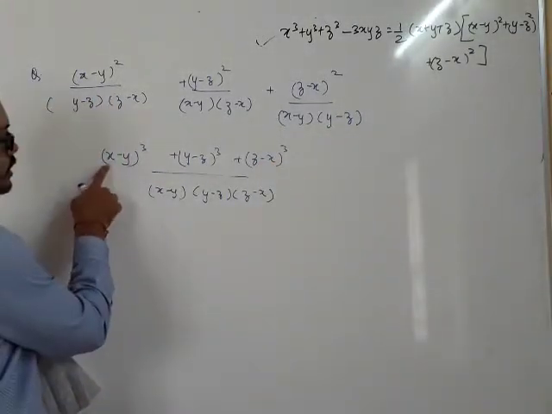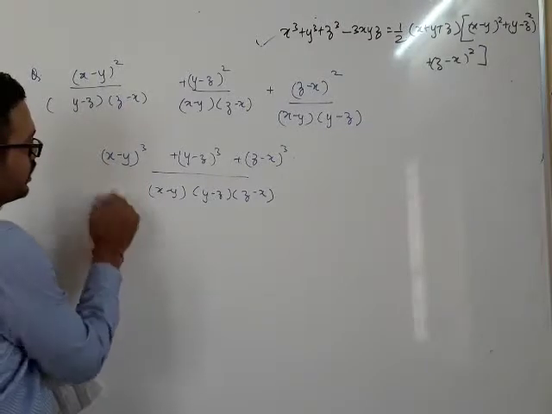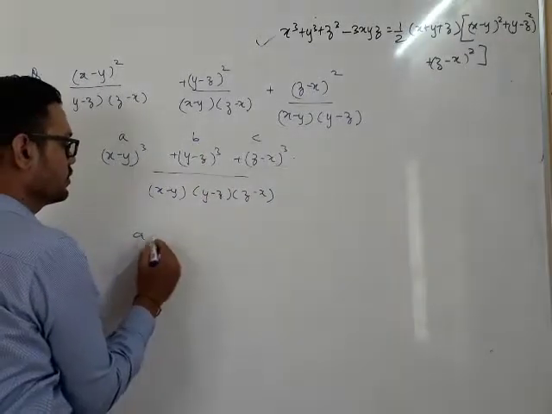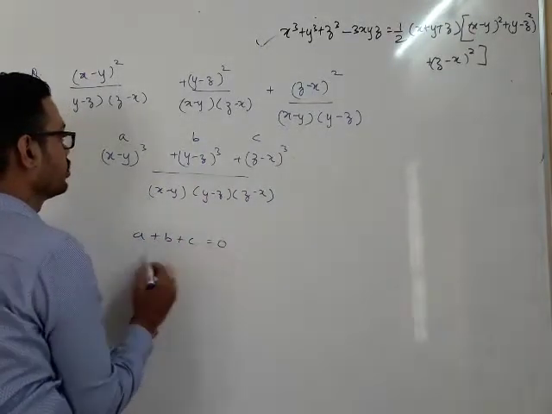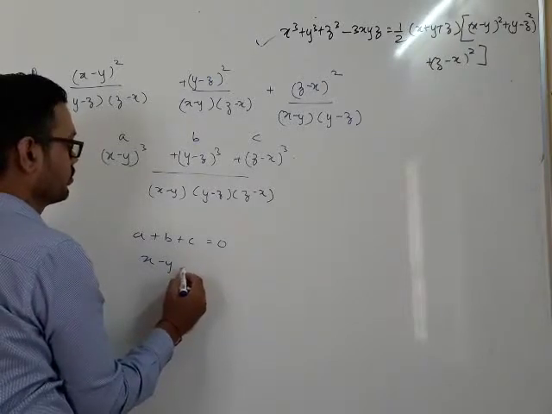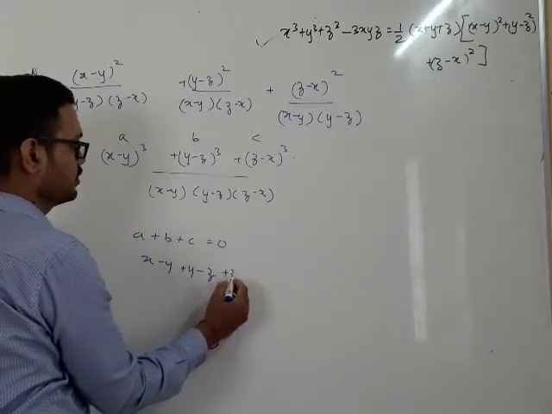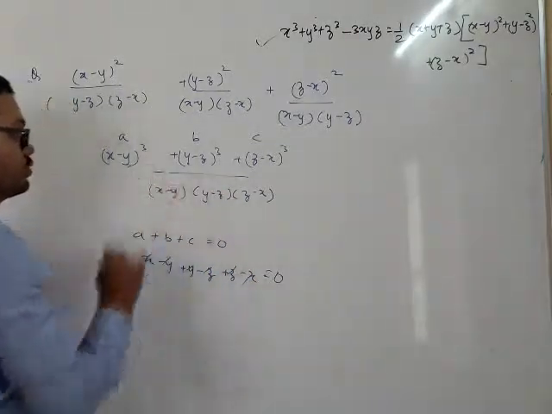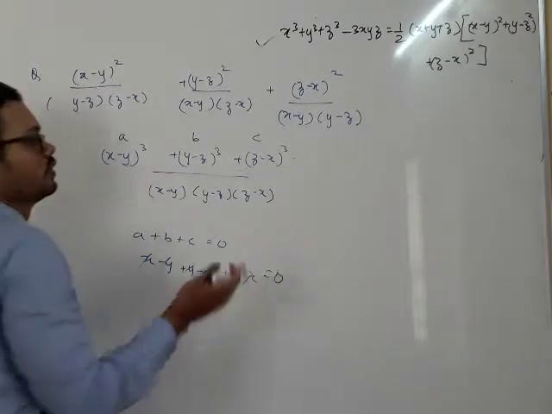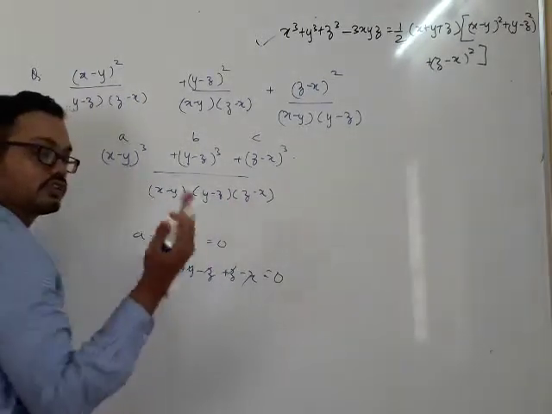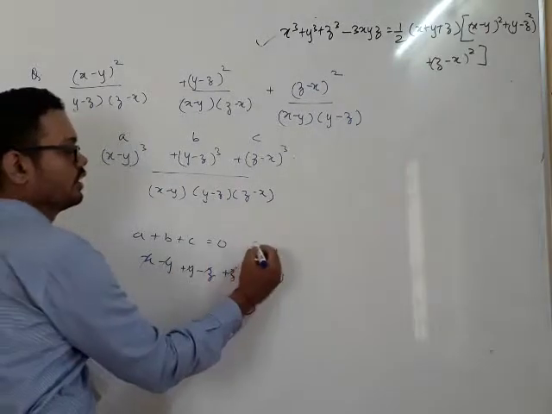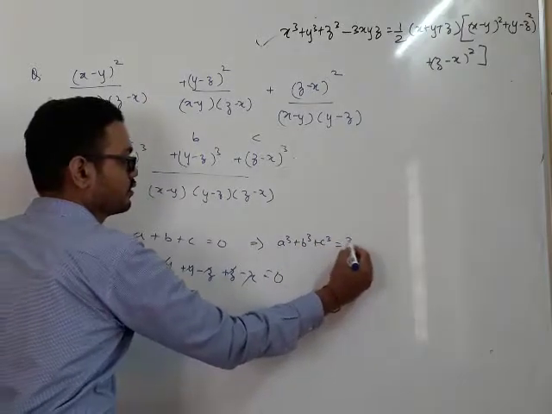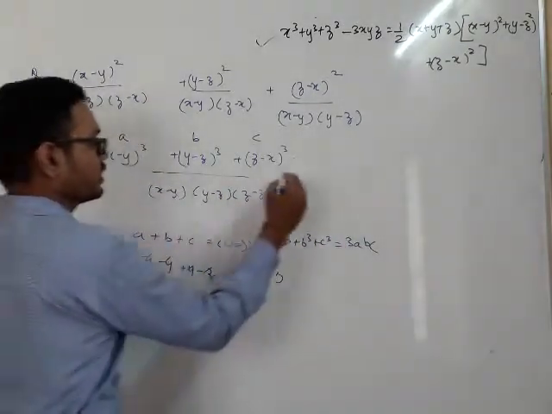If you look at it carefully, this is A, this is B and this is C. A plus B plus C is coming as 0. x minus y plus y minus z plus z minus x, everything is getting cancelled. It means what? A cube plus B cube plus C cube is given and A plus B plus C is coming as 0. It implies what? A cube plus B cube plus C cube is 3ABC.